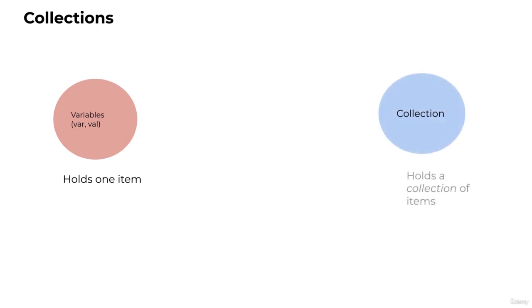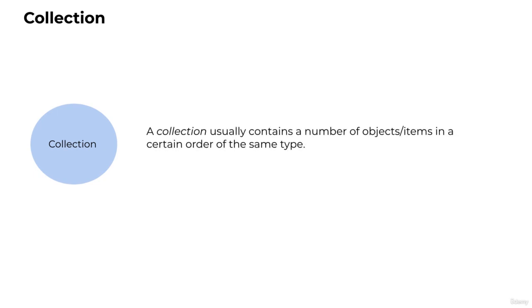What is a collection? Well, a collection, first of all, will allow us to hold a collection of items. So let's take a look. A collection, by definition, usually contains a number of objects or items in a certain order of the same type. You can think about a collection that you may have of, let's say, dolls or CDs, right? And usually you organize your collection into different kinds of items.